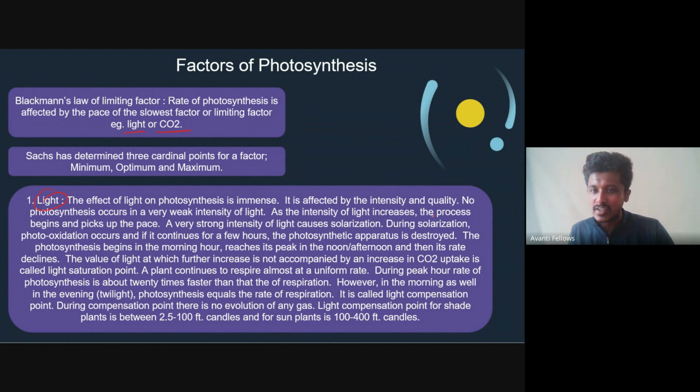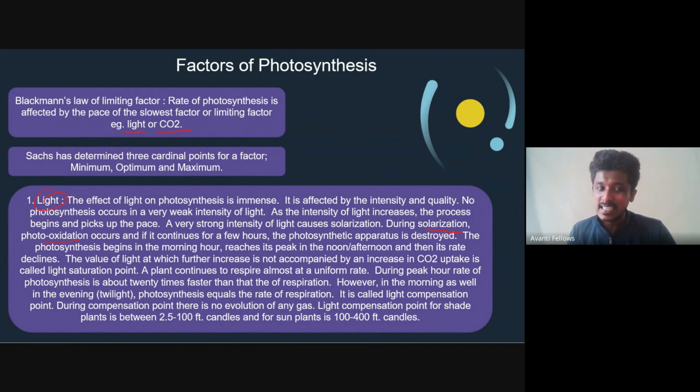So during solarization, or whenever the light is present, something called photooxidation can happen. Over a few hours, the photosynthetic apparatus gets destroyed. That is why we have accessory pigments, which reduce this photooxidation and protect our chlorophyll. During morning hours, we have very mild light, and it is very helpful for maximizing the photosynthetic output.